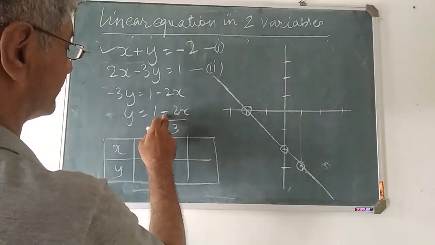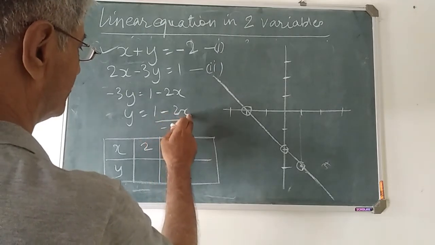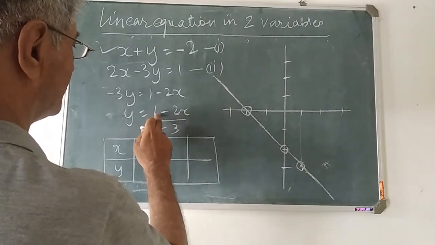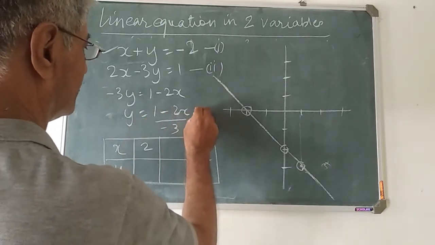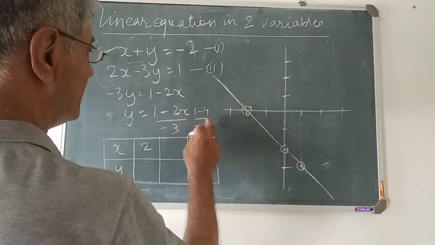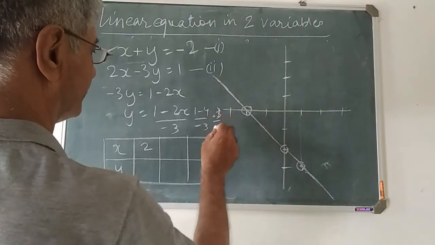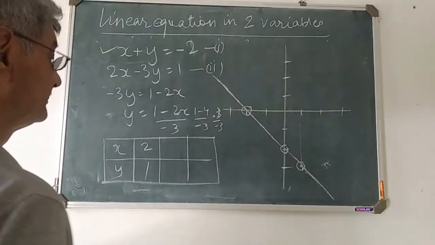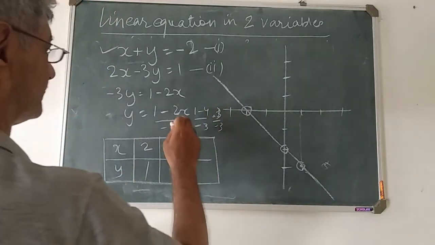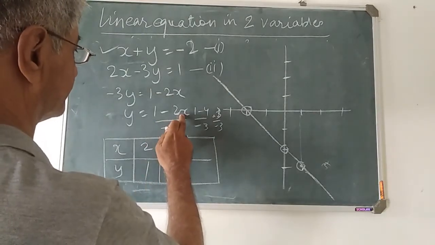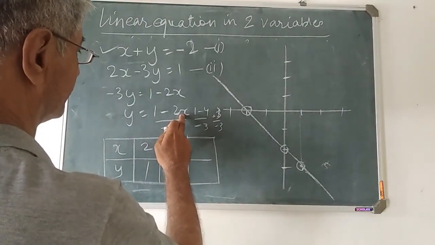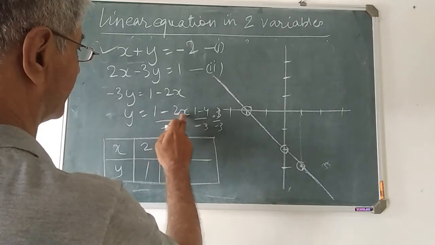Minus 2 into 2 is minus 4, so 1 minus 4 upon minus 3. 1 minus 4 is minus 3 upon minus 3, which is equal to plus 1. What is the other one we can take?